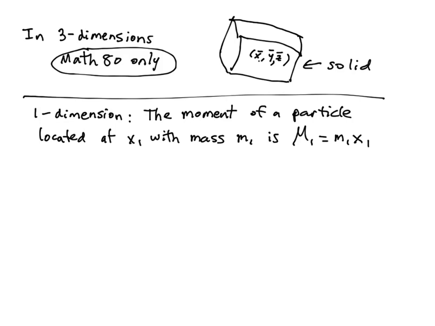Now, this isn't very useful because it's only one particle, and of course, if there's only one point somewhere, the center of mass is just going to be that point, wherever it's located. So this only becomes useful when we have many particles. So let's talk about what happens when you have n particles.